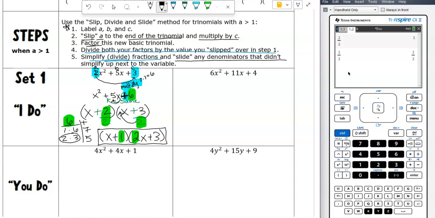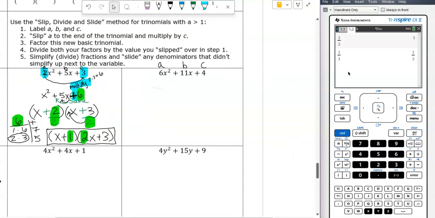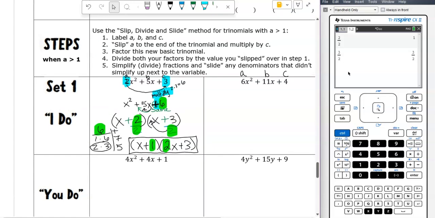So now I'm going to do another problem, and we are going to be following those same steps. Step 1 is label our A, B, and C values. Step 2 is slip A to the end of the trinomial and multiply by C. Well, I'll take the 6, move it to the back.